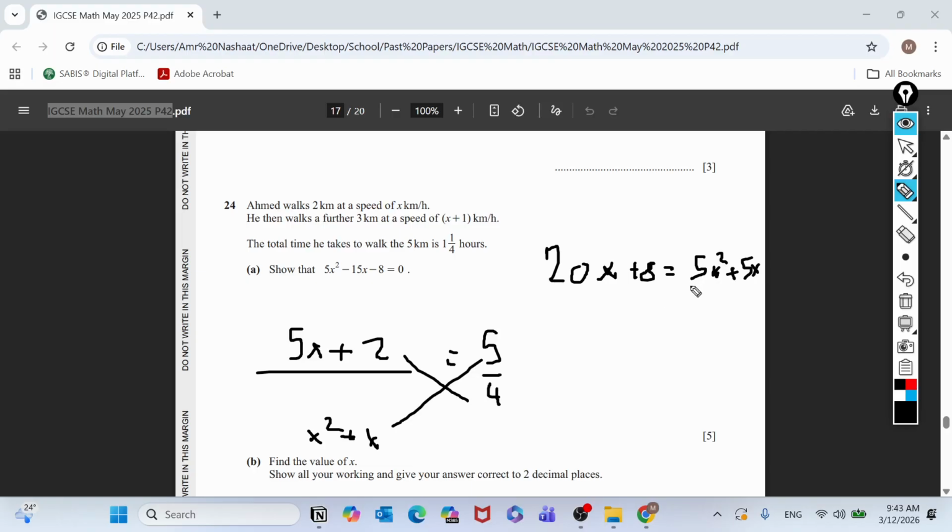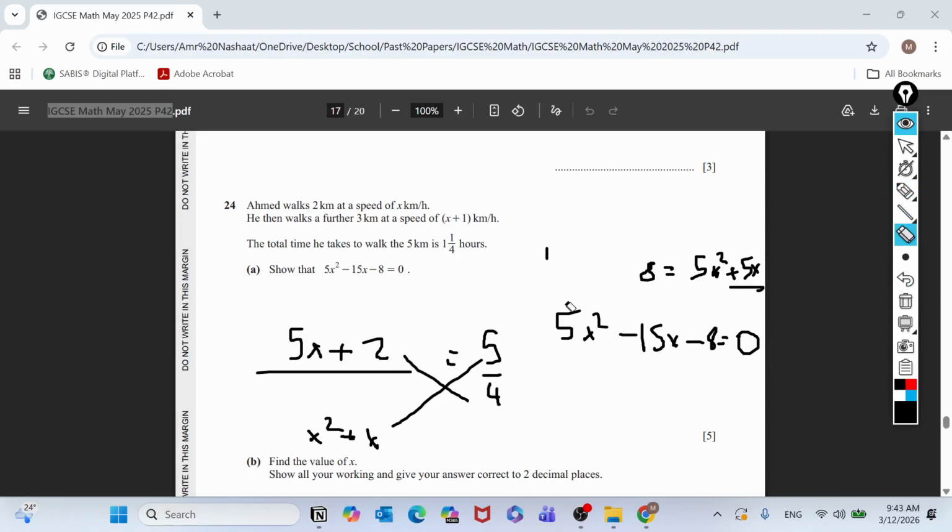We're gonna take everything to one side, it doesn't matter which side. So 5x squared, and then here you have plus 5x minus 20x, so minus 15x, and the 8 you took to this side, the same way you took the 20, so minus 8 equals 0.